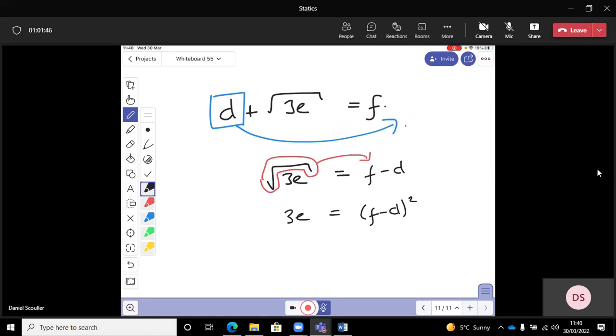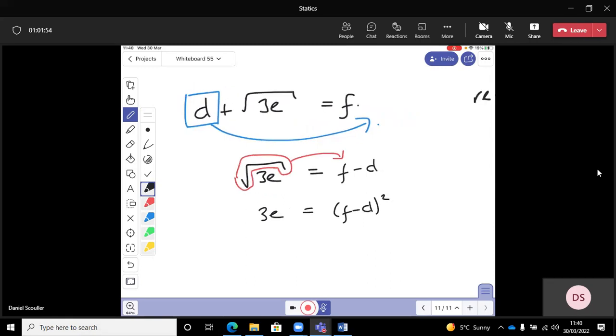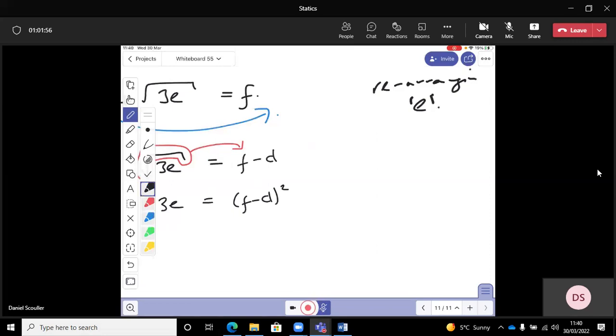So you need to put that bracket. That is a really important step there. Okay, it's squaring everything in that right hand side. If you write this, that is wrong. That is you squaring only that D term. What this is showing is everything in that bracket is being squared.